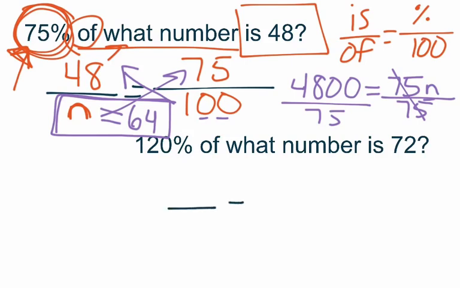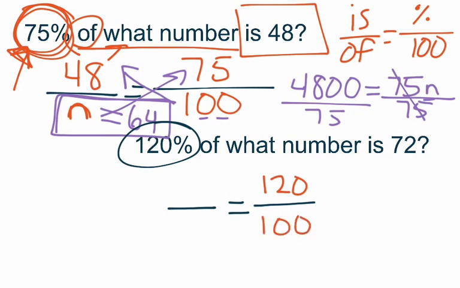Here's my proportion bars, I guess. I know that 120% means 120 over 100, even though 120% is more than 100, that's our percent. We write it over 100. Of what number? So of what number tells me that my unknown is my whole, is 72.